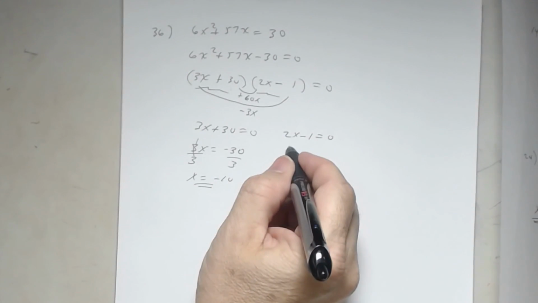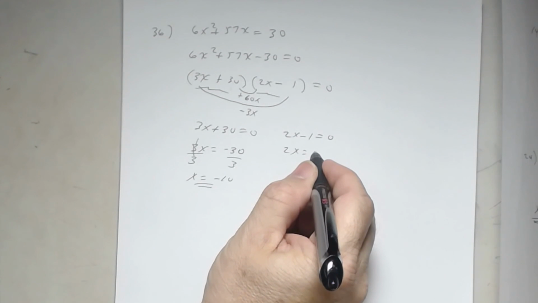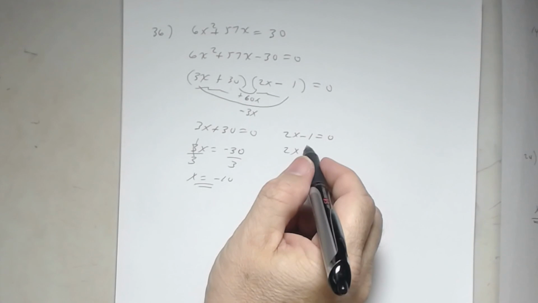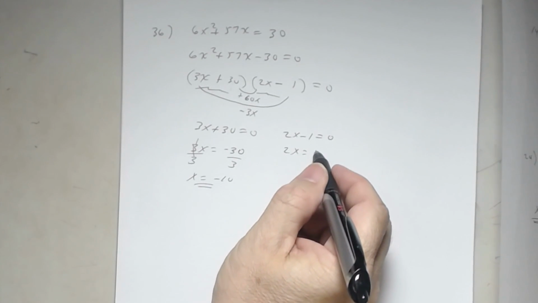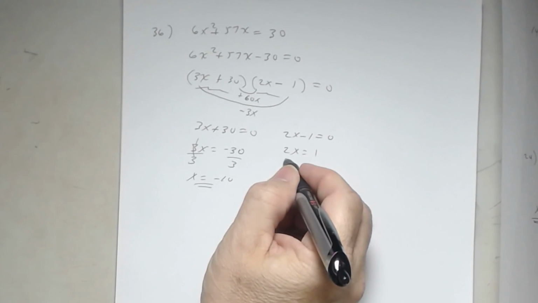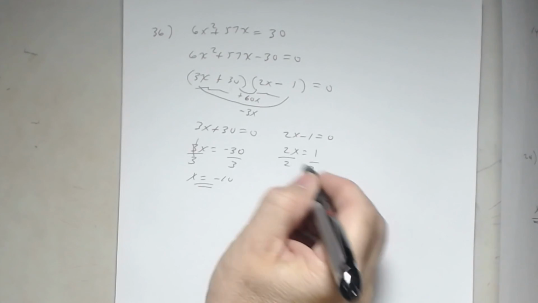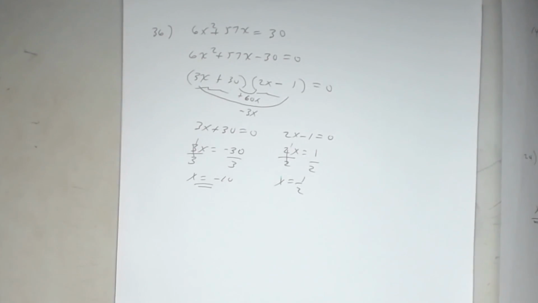Over here, what does 2x equal? Guys, taking a long time to solve this linear equation. What does 2x equal? Positive 1. What's the next step? Divide by 2. So what does x equal? 1/2. So those are your two solutions.